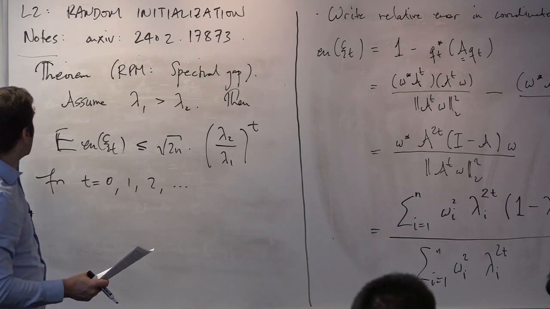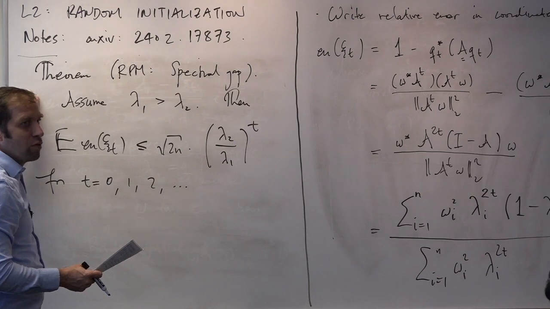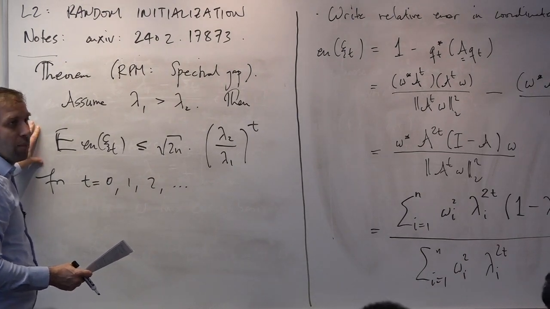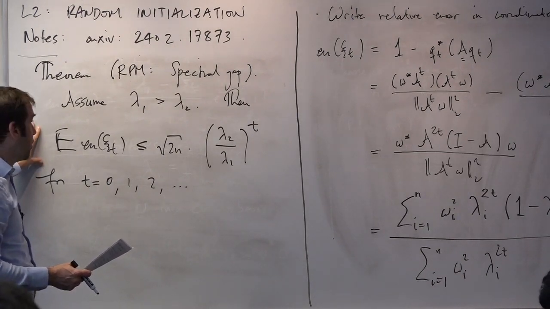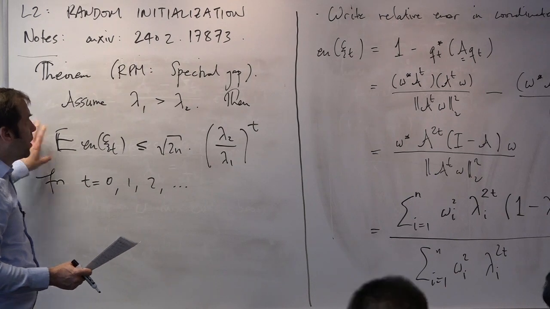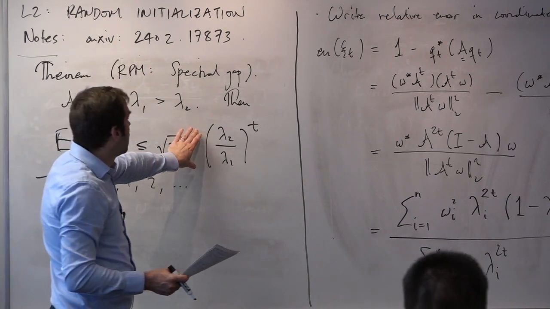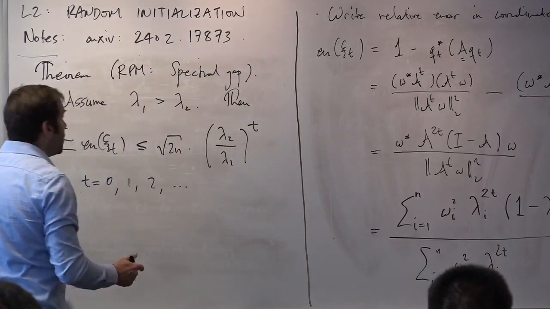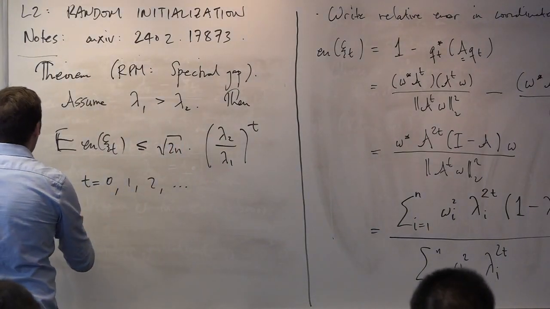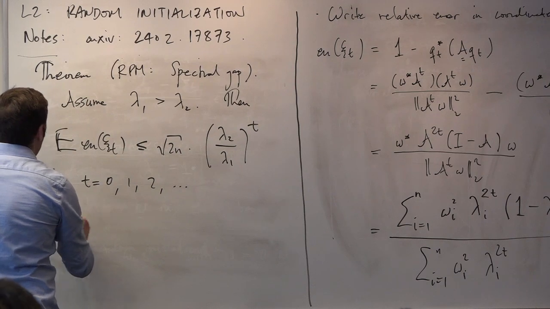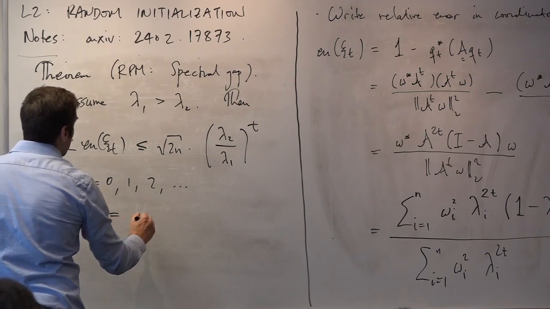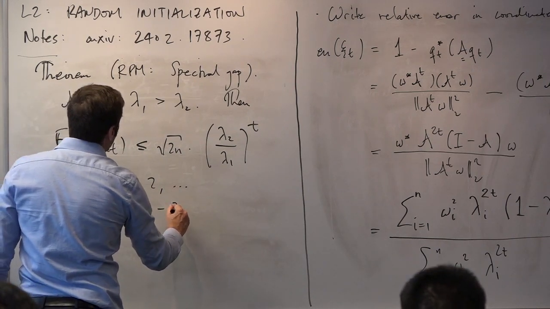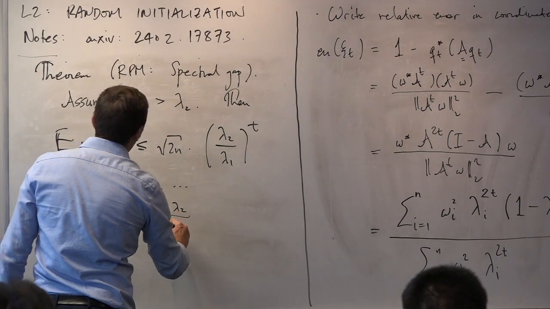So under the assumption that there's a gap between the two eigenvalues, we're going to get a bound on the expectation of the relative error. Now, the size of the relative error depends on the gap. And it's more convenient to rewrite this in terms of the relative spectral gap, gamma, which is lambda 1 minus lambda 2 divided by lambda 1.